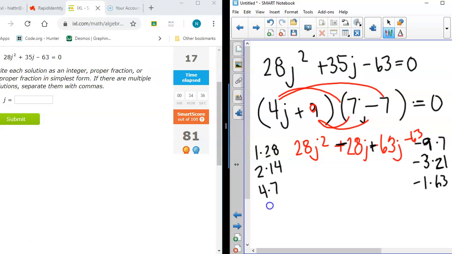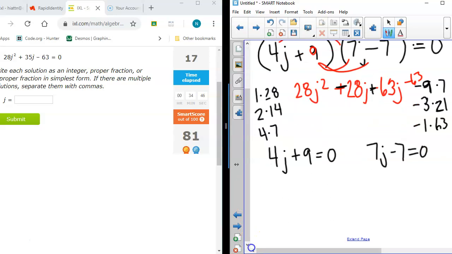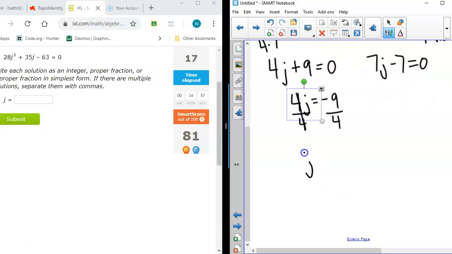So you would have 4j plus 9 equals 0. You'd also have 7j minus 7 equals 0. And so if you solve both of those over here, you'll move the 9 over. 4j equals -9. And then you'll divide by 4. So j would equal -9 over 4. You also over here would add your 7.